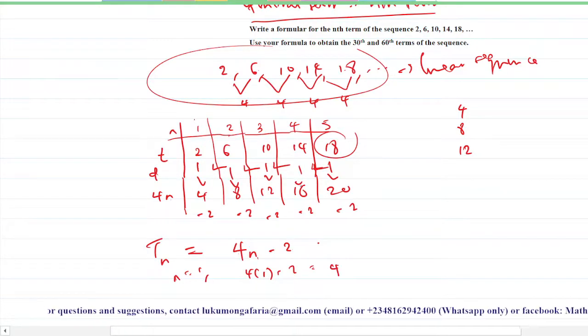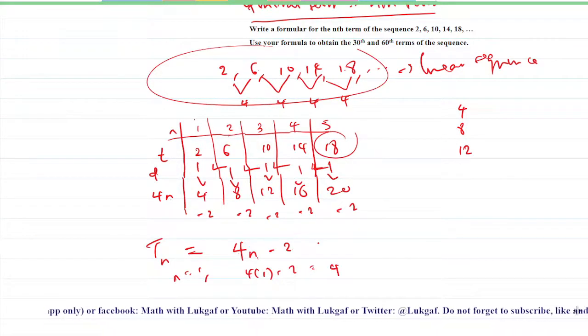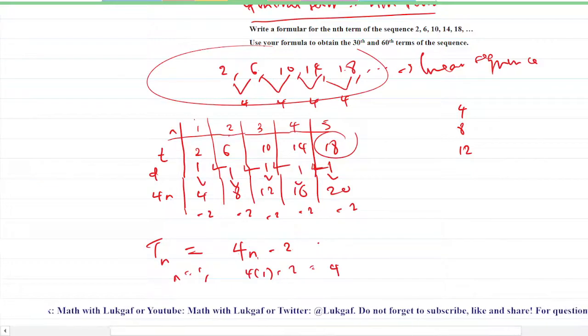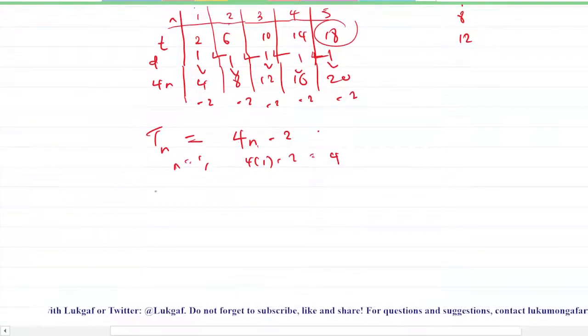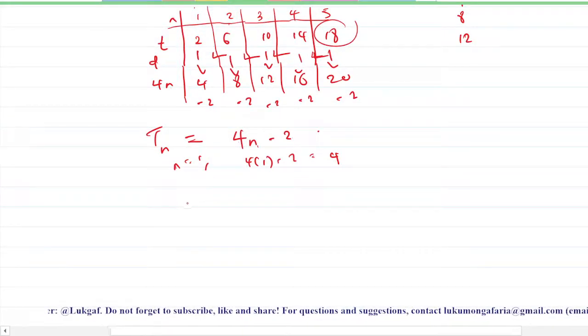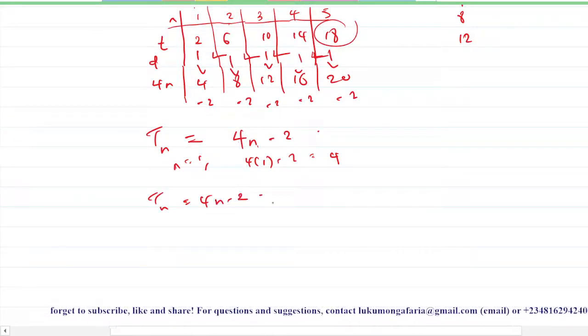So with this, we can solve the second question. The second question asks us to use the formula to obtain the 30th and 60th terms of the sequence. How do we do that? Since we know our formula, Tn is equal to 4n minus 2.